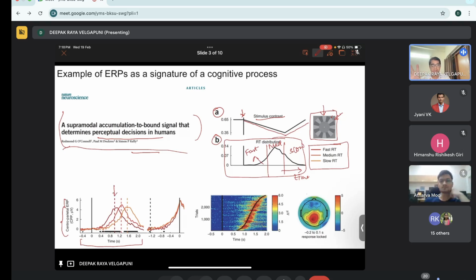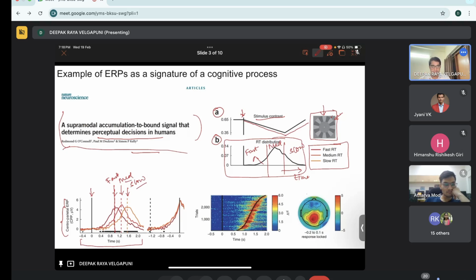This is the stimulus onset, and this ERP peak is informative of the response: if they're responding quickly, the ERP peaks earlier. The vertical lines represent the mean time of the fast reaction times. All fast reaction times clubbed together give one mean reaction time, and so on for medium and slow.